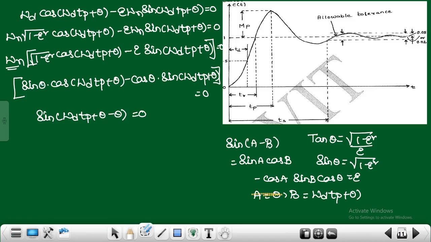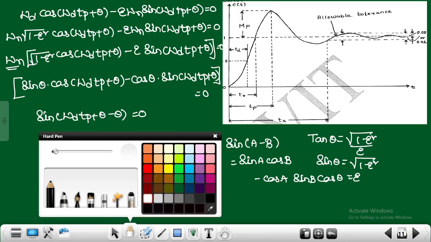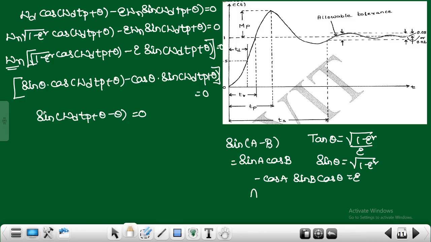So, here I have taken a as omega d Tp plus theta and b as theta. Substitute that here and theta will get cancelled. Finally, you are having sin of omega d Tp is equal to 0.